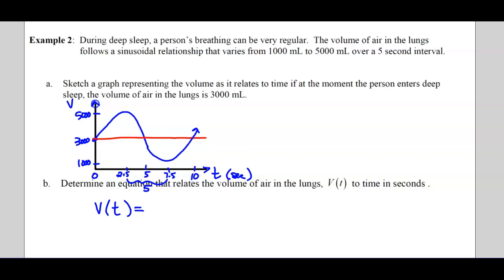Positive sine. And we need to get the amplitude. So you can draw it in, you can calculate it. Really, I don't need to see the calculations for that. I'm not going to care about that. It's right or wrong with the amplitude.